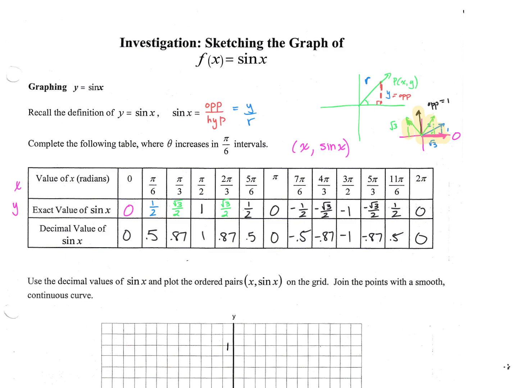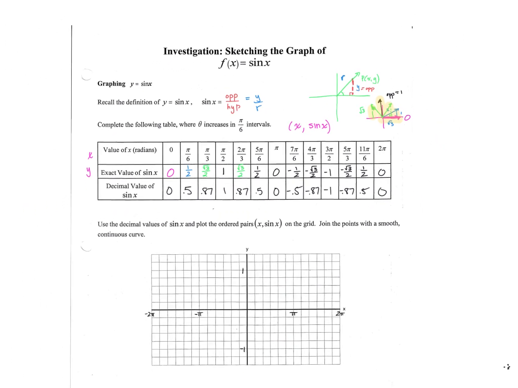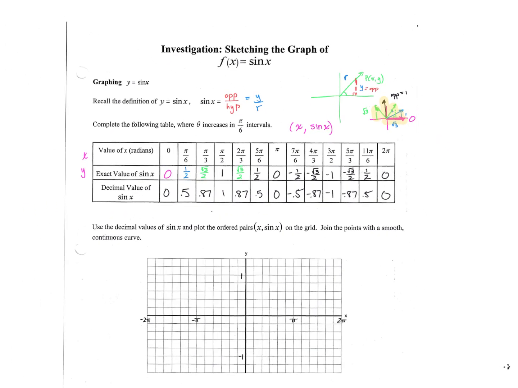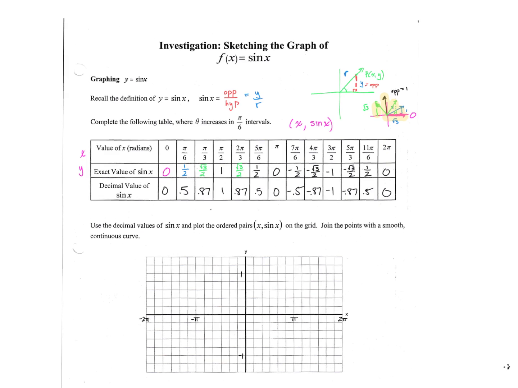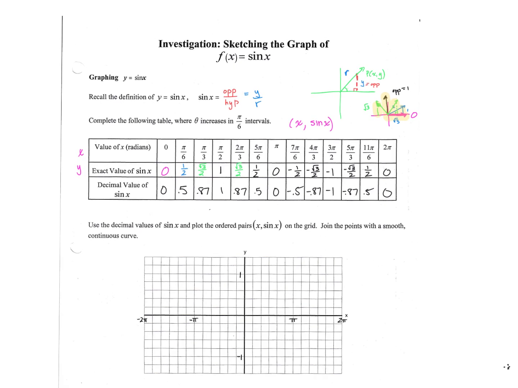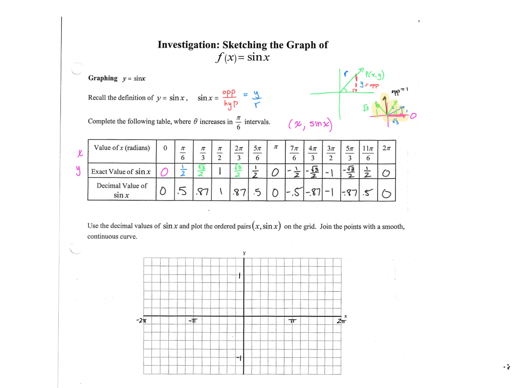So let's first start by sketching from 0 to 2 pi. And what you'll notice in all the grids that I've provided you with is, if you're given a grid, I'm asking you to graph between 0 and 2 pi. And there should be a negative here. Yes, perfect. Thank you.